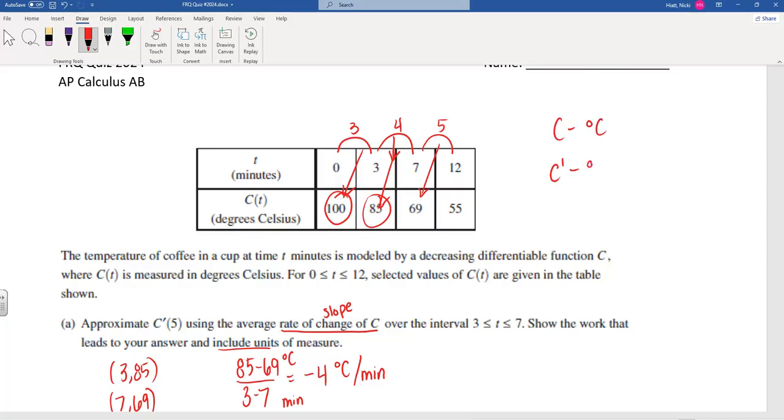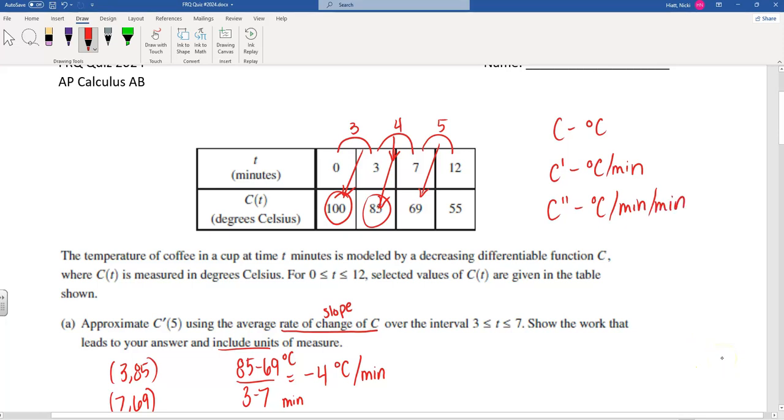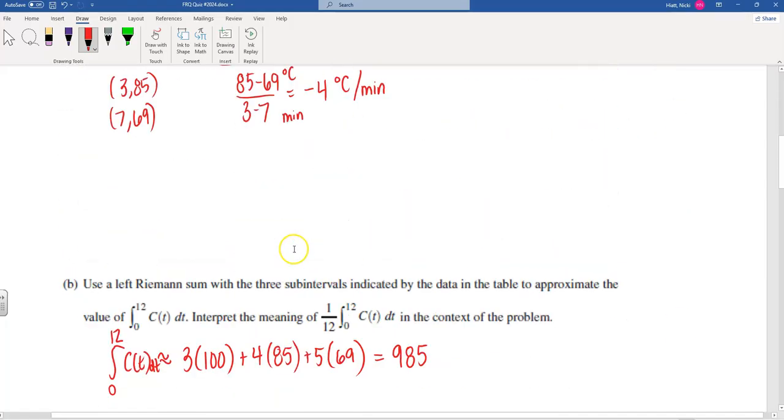C prime is degrees Celsius per minute. C double prime is degrees Celsius per minute per minute. To integrate C, you get degrees Celsius times minutes, which is not a unit that makes any sense, right? So they don't ask for units there.